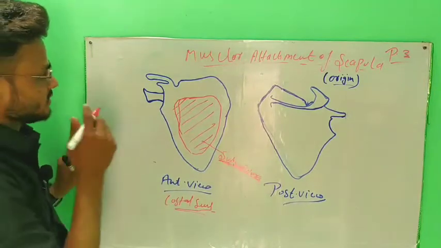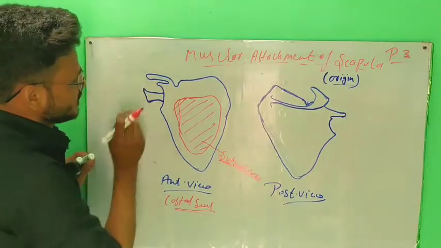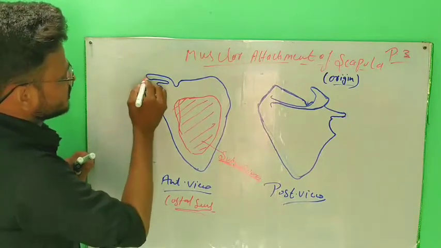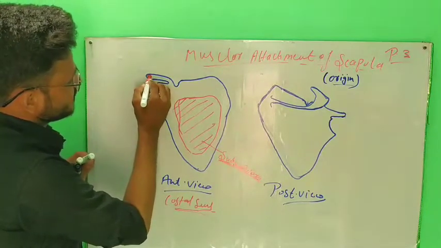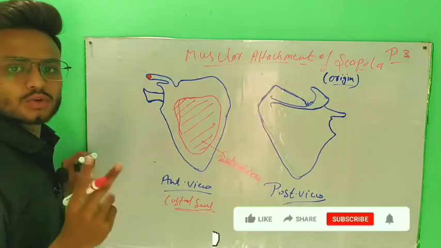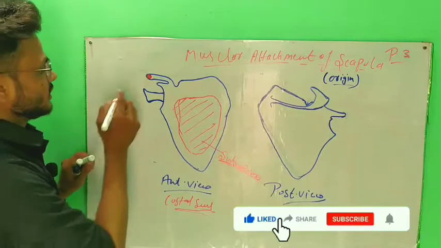Now our second muscle originates from the coracoid process. From the coracoid process two muscles originate.